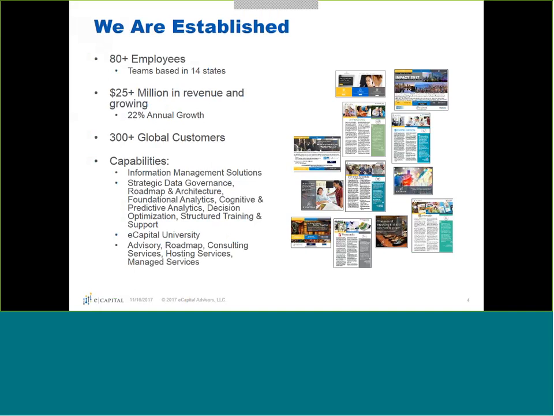We do a lot of different things: business advisory services, information management, strategic data governance, road mapping, predictive analytics, from consolidations all the way to analytics and BI as well. We work primarily with a number of software vendors, from Oracle to IBM to OneStream to MicroStrategy, and others as well.